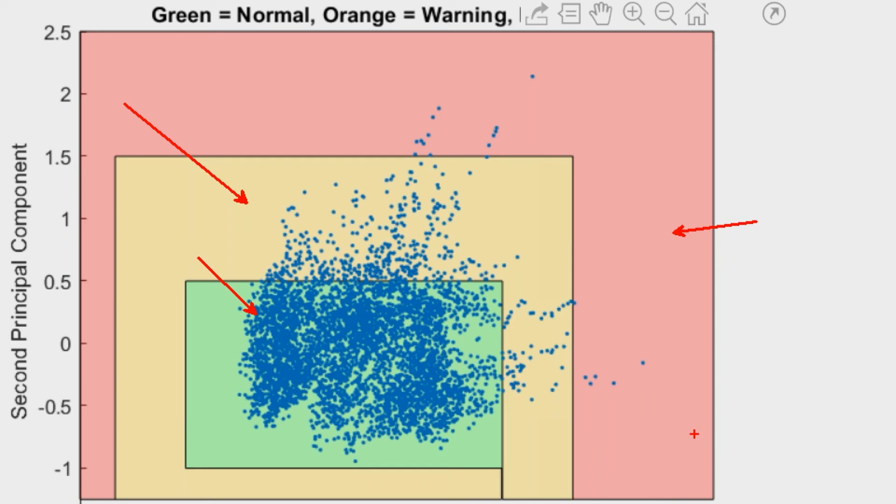Nothing has ever failed in this so far. That's not to say that wouldn't happen, but now at any given time, we can take the sensor values off of a flight and plot it in this space and have it tell us, is it a normal operation?